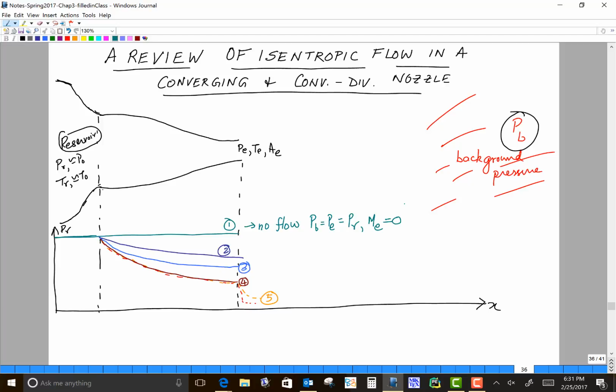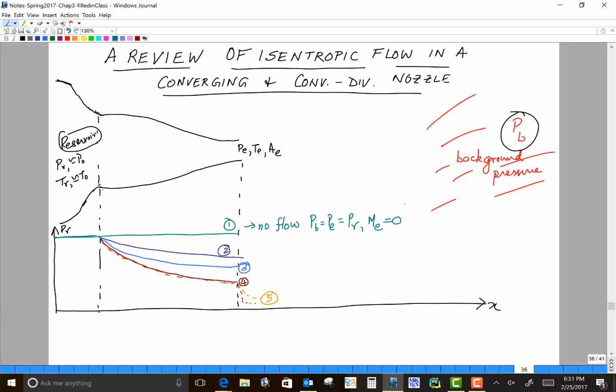And PE is the pressure at the exit plane of the nozzle. In principle and in theory, these two should be one and the same, except for some extreme circumstances, which we will talk about. The circumstances when PE is not equal to PB are going to be few and far between. That's how you should view it.